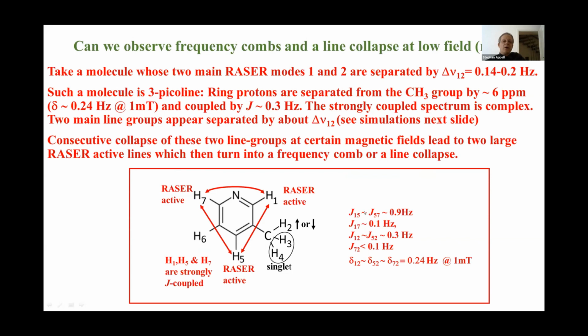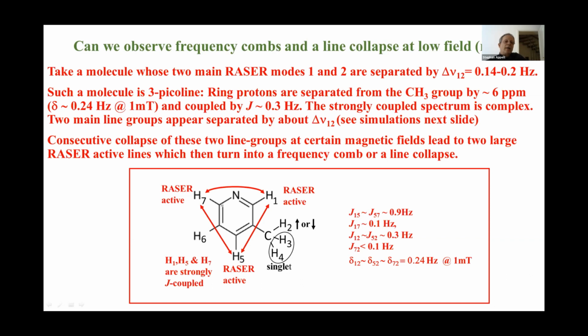The CH3 group is strongly coupled to all others, and the frequency difference between CH3 and the ring proton is only a part of a hertz, 0.something hertz. So the chemical shift 0.24 and the J couplings are all in the same range. It's the worst thing you can do. So you have 4 + 3, 7 protons strongly coupled.